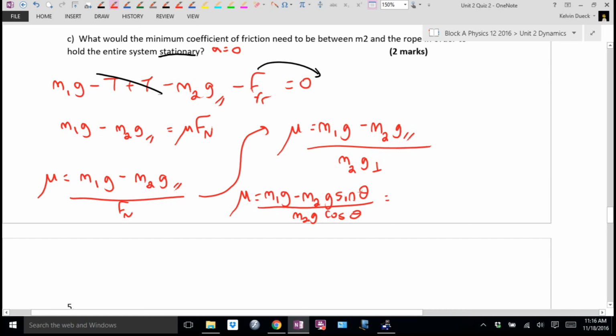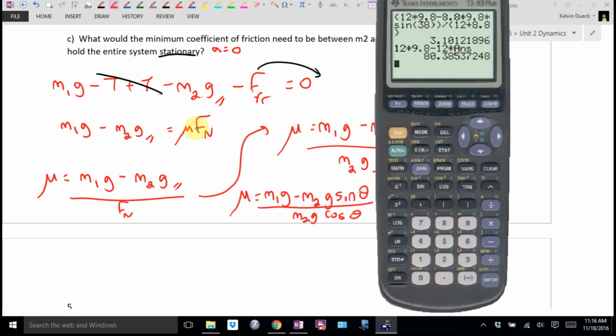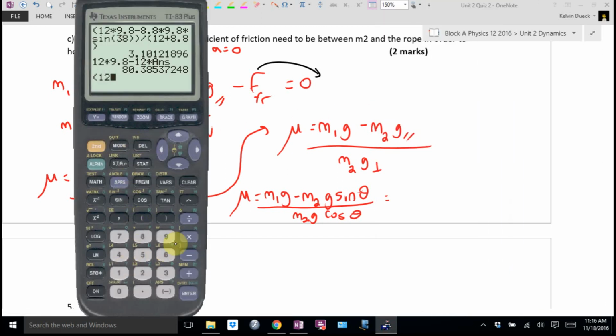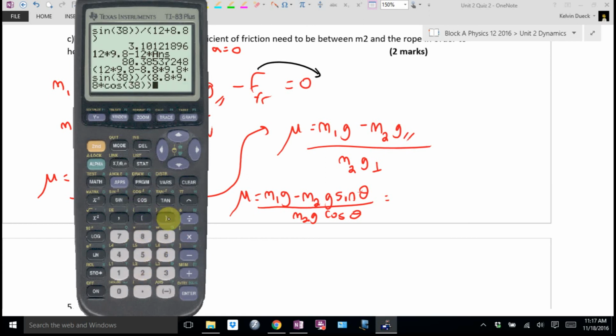Running out of room here, so I guess I'm going to start plugging in numbers. It's going to be bracket 12 times 9.8 minus, what was it, 8.8 times 9.8 times the sine of 38, divided by 8.8 times 9.8 times the cos of 38.